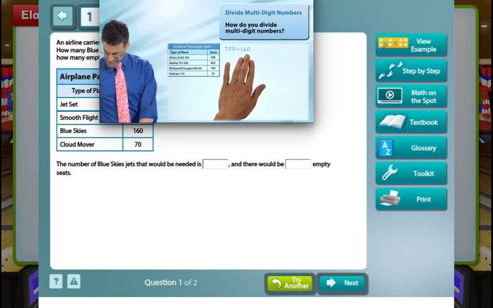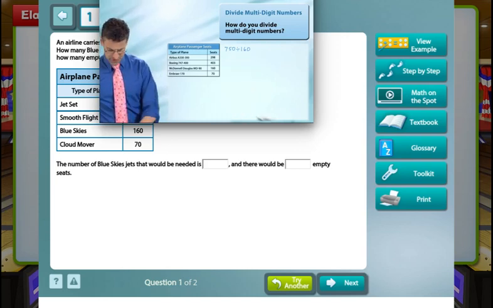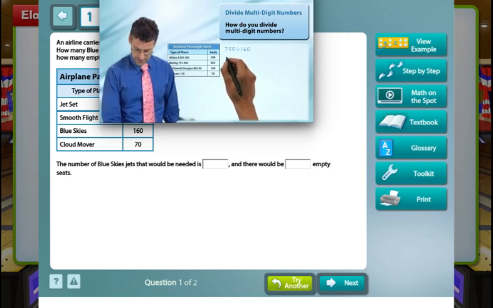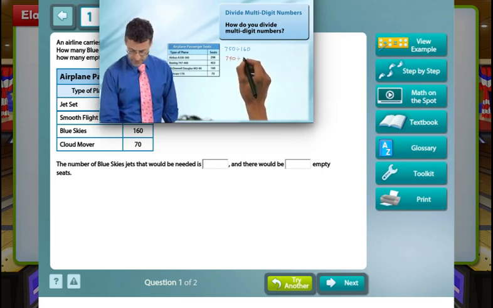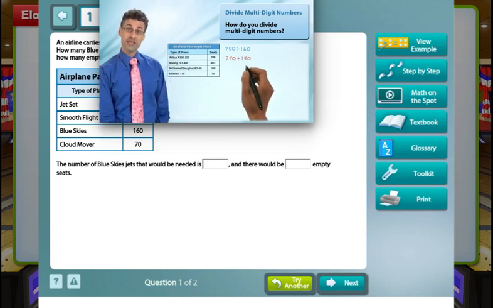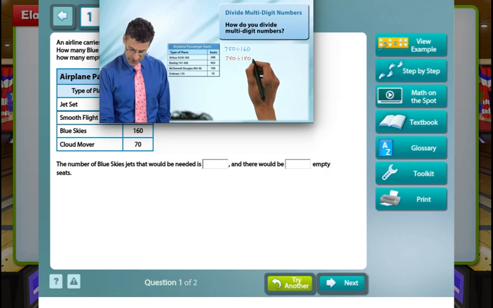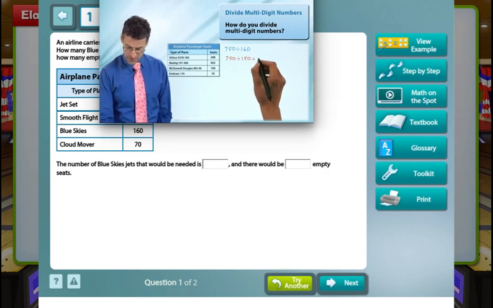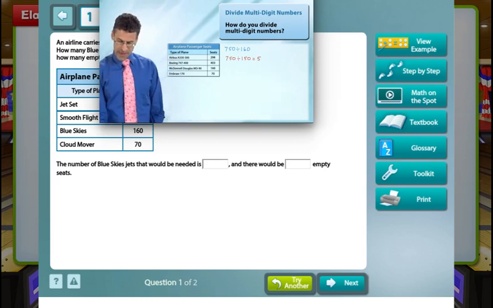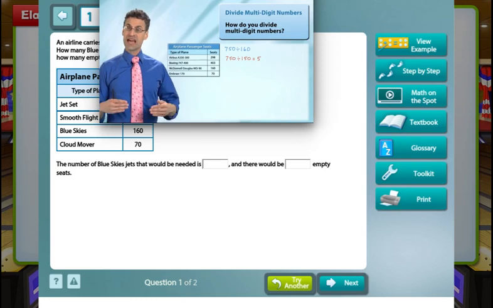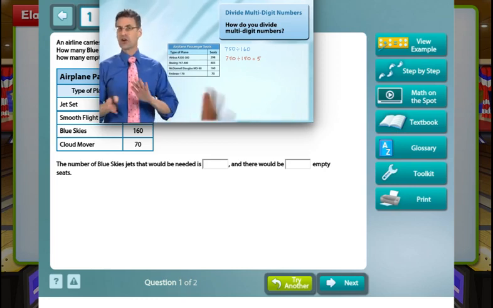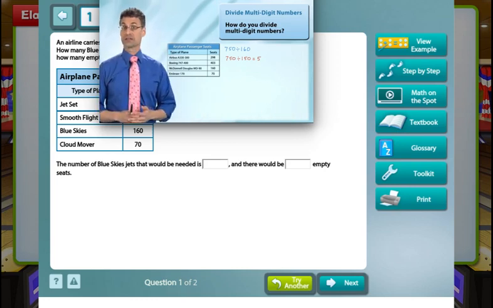A good compatible number would be 150, because 750 divided by 150 is not too bad. If we work that out, we get a quotient of 5. So 5 is our estimate. It means that we would need around 5 airplanes.